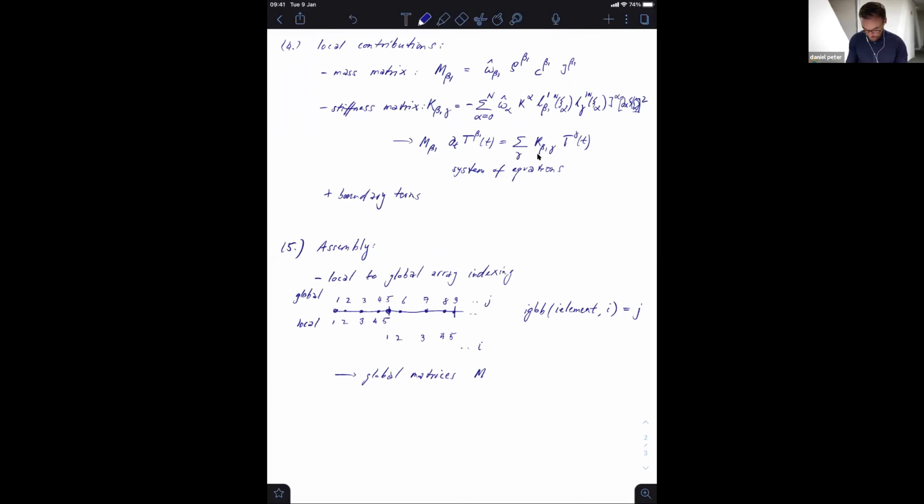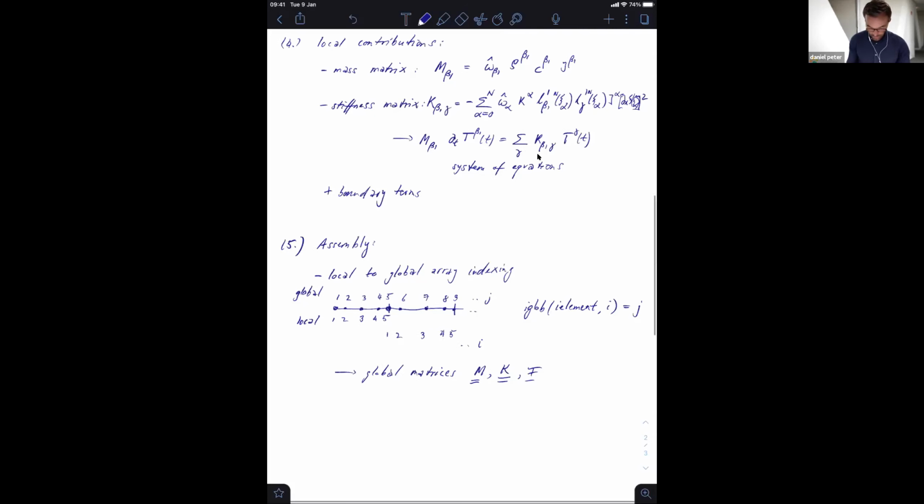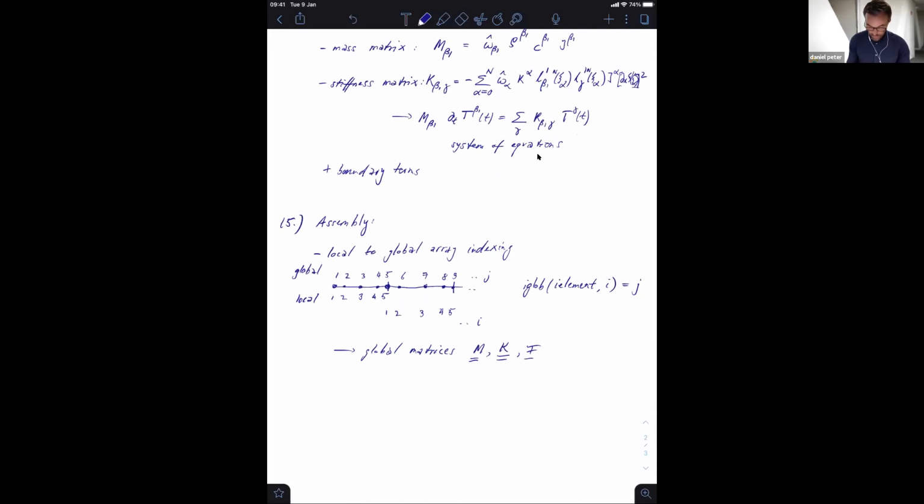So then we have the global mass matrix, the stiffness matrix, and the right-hand side vector F. So this would be a vector. And M, this will be a diagonal matrix.